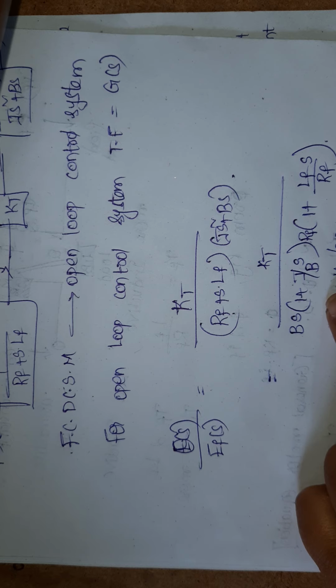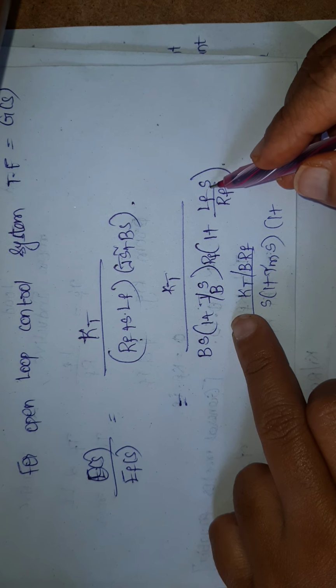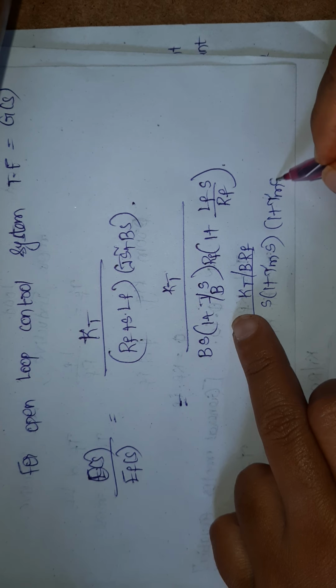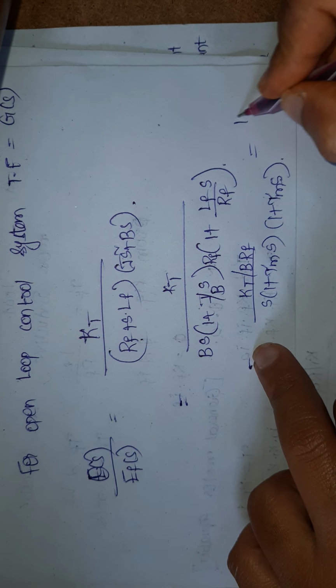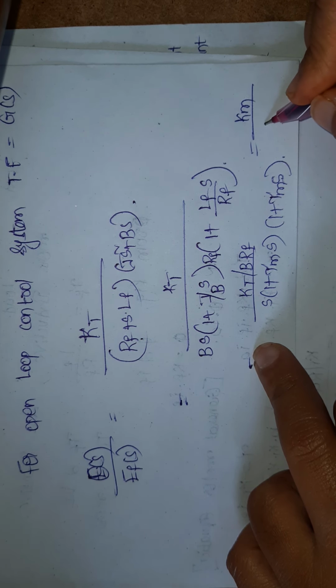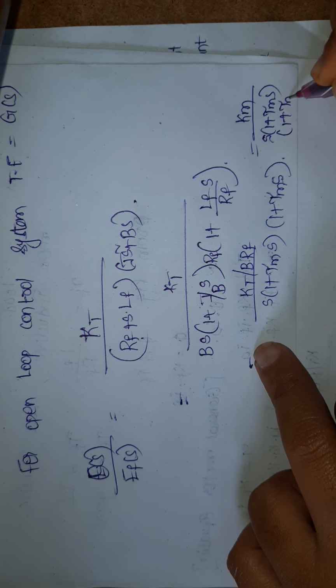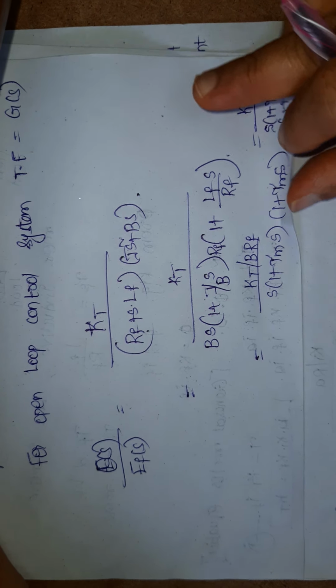J by B is known as tau m from the last session. And LF by RF is nothing but the time constant, so it is also tau m. So this is Km by s into 1 plus tau m s into 1 plus tau m s. So this is the transfer function for the field control DC servo motor.